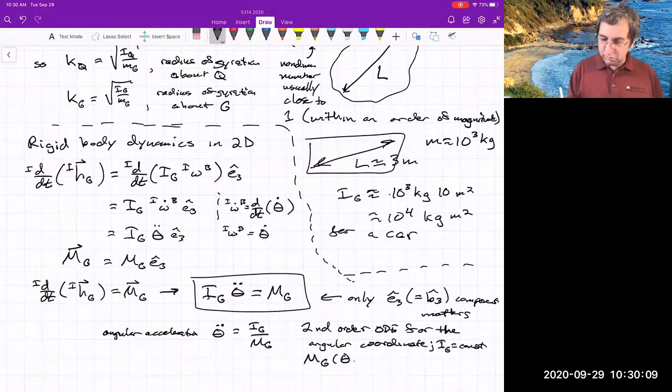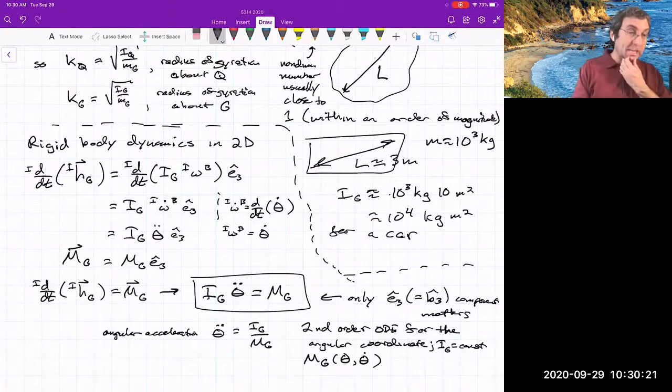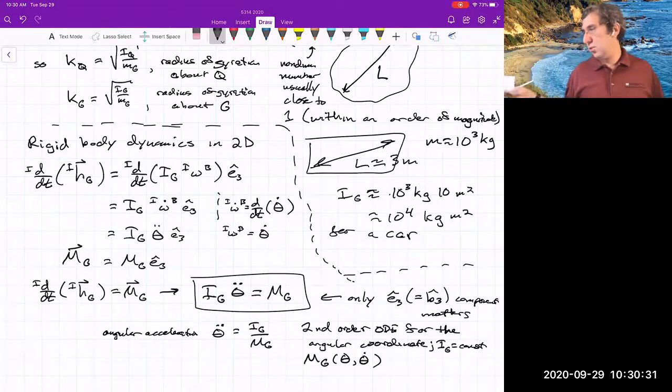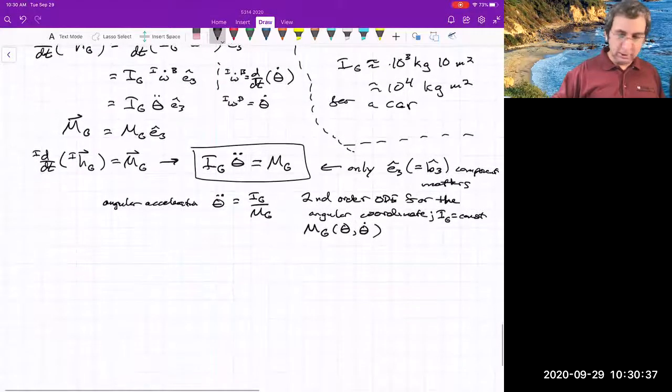Mg might be a function of theta or theta dot or both. I don't know. So this ODE still might be kind of complicated. But there it is. So this will get you through that homework, the problem related to the jumping car. And I will mention the homework at the end.